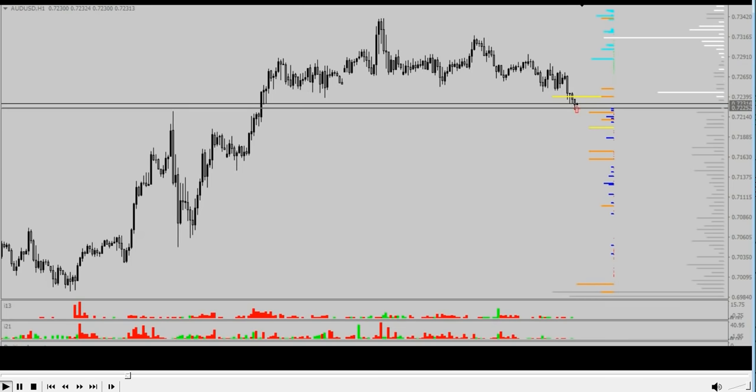Okay, so the main target has been hit. The market goes through a little pullback there. Nothing special, business as usual.